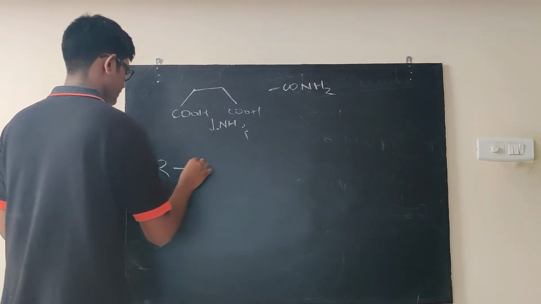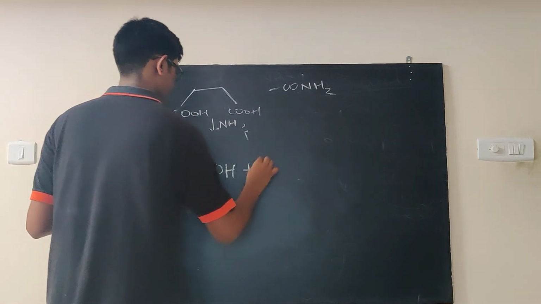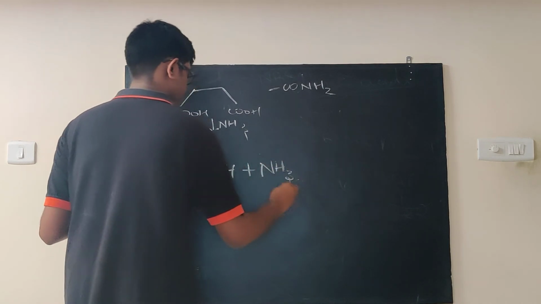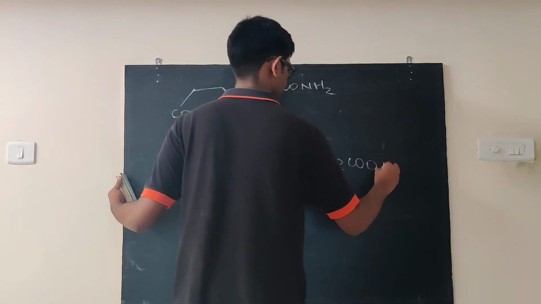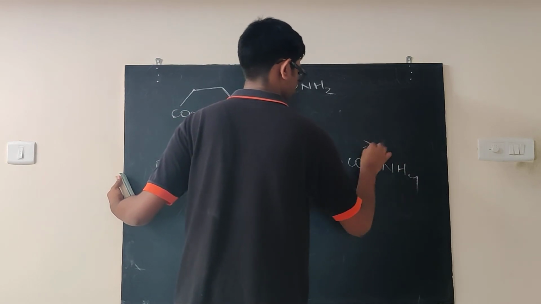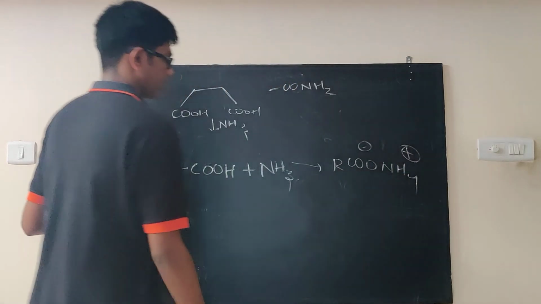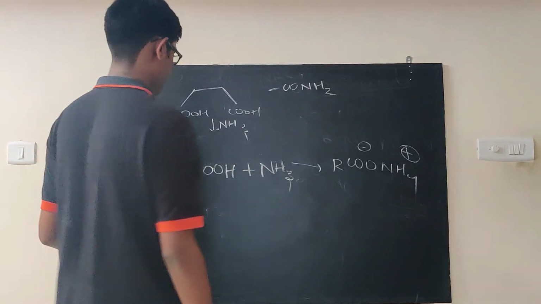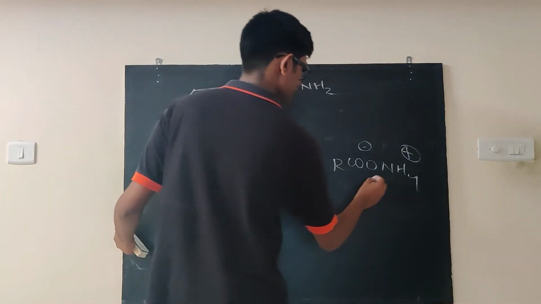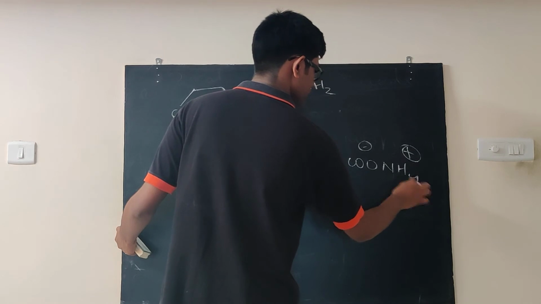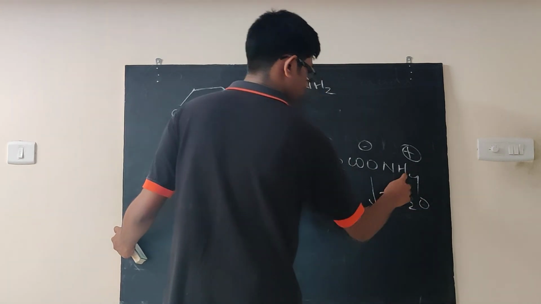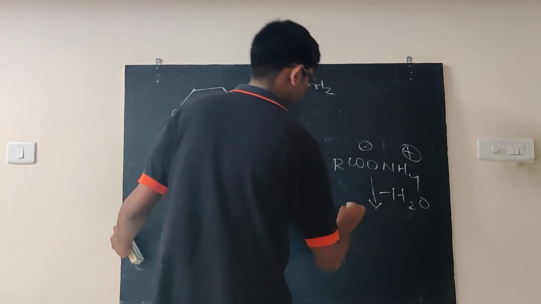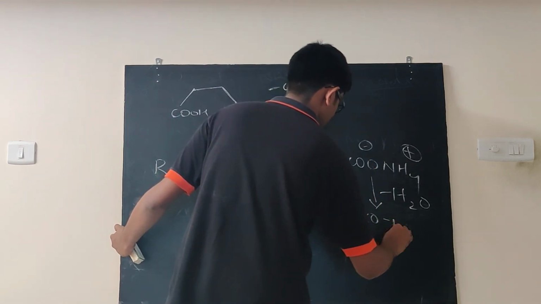Let me just write like this: RCOOH plus ammonia will give me the ammonium salt of the acid, right? So RCOO minus NH4 plus. And you can see that if I take two hydrogens and one oxygen out, if I remove water basically, I will get RCONH2.